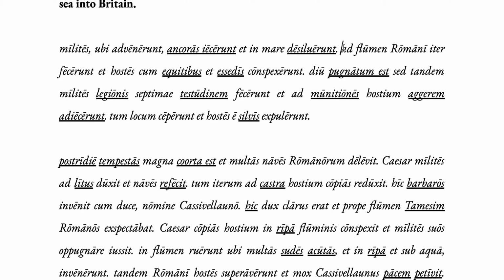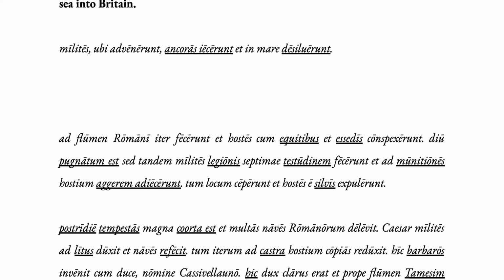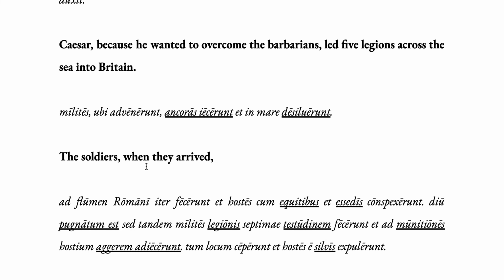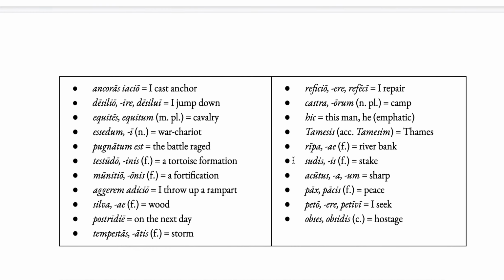Okay, then the next sentence, milites, the soldiers, ubi advenerunt, when they arrived, ancoras iecerunt, and that phrase is given to you. Ancoras iecerunt means they cast anchor, which means they lowered the anchors of their ships, and they desiluerunt, which is again given to you.